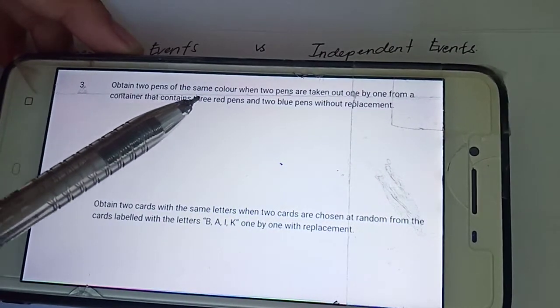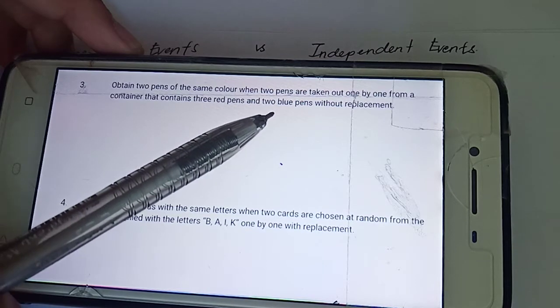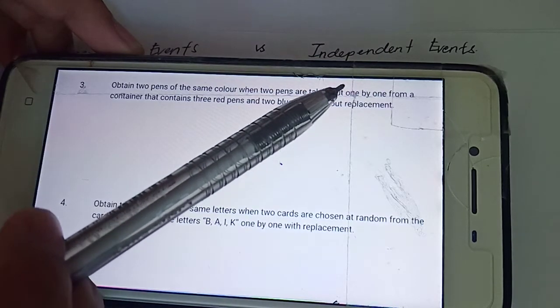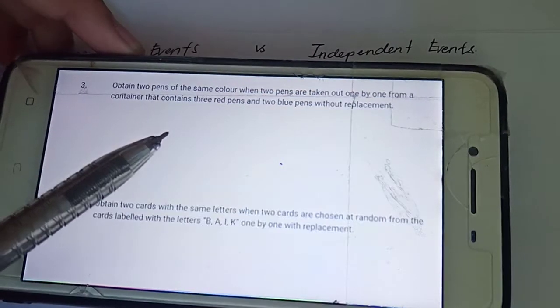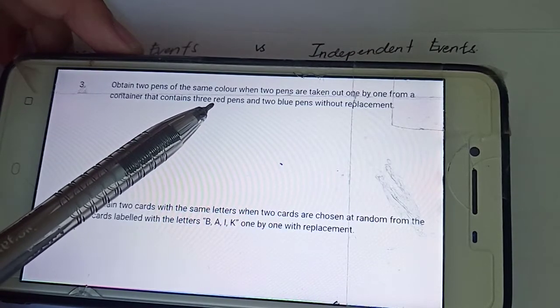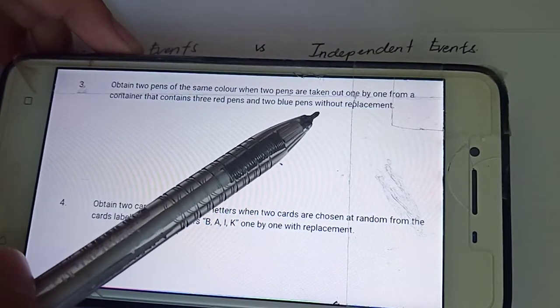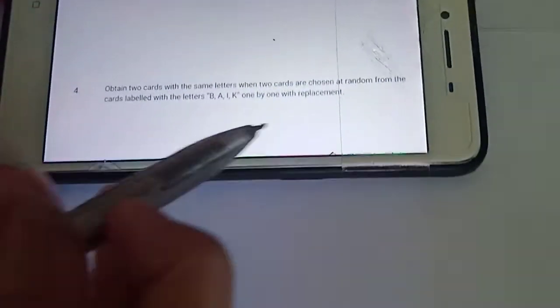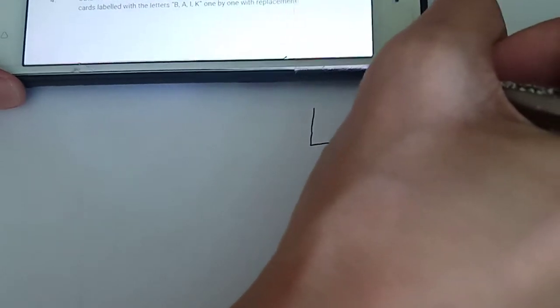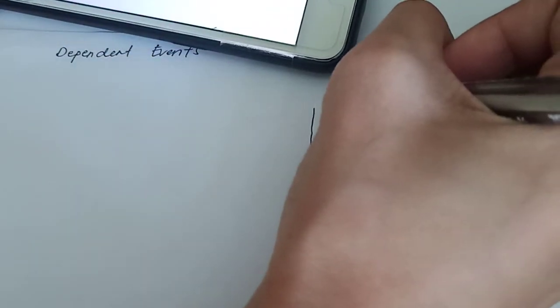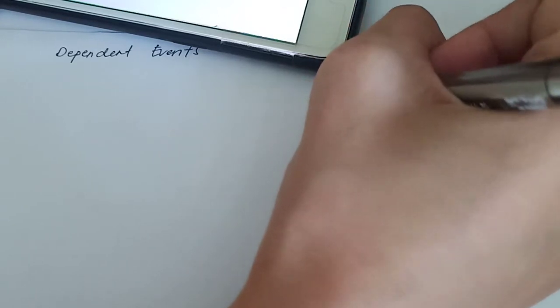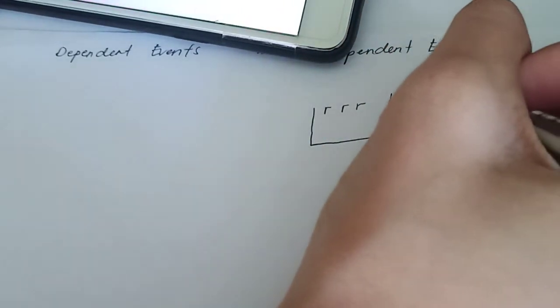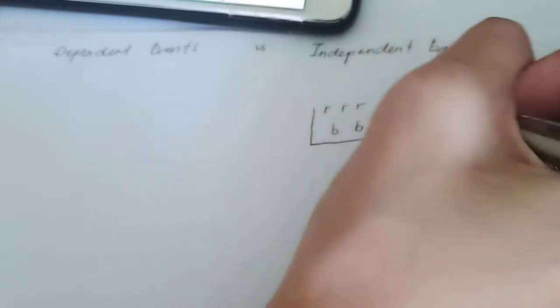Obtain 2 pens of the same color when 2 pens are taken out one by one from a container that contains 3 red pens and 2 blue pens without replacement. So let's say this is a box, a container, and I have 3 red pens, so red, and then 2 blue pens.